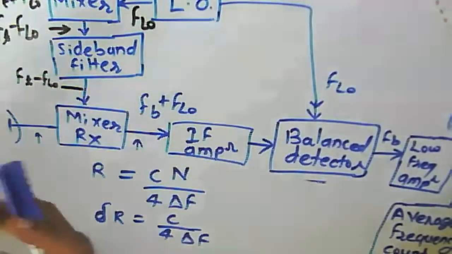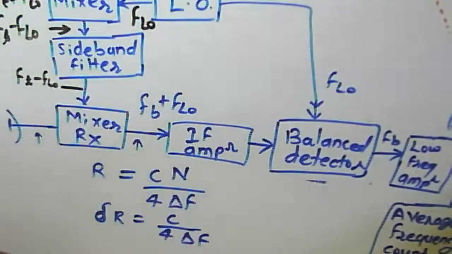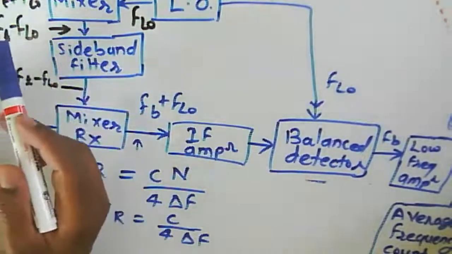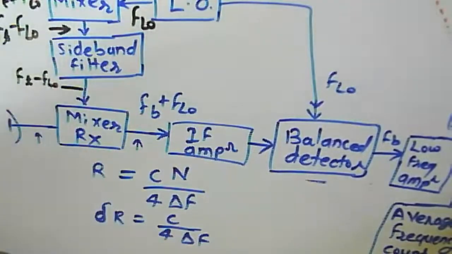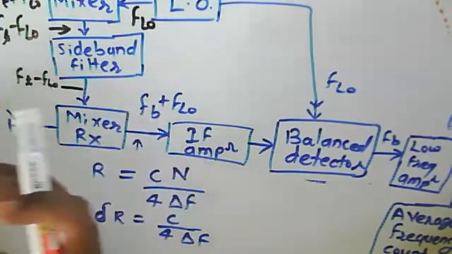Sometimes we are getting some unwanted signal at a receiver. What is that unwanted signal? There will be a transmitted signal, and that transmitted signal is reflected by any other object.